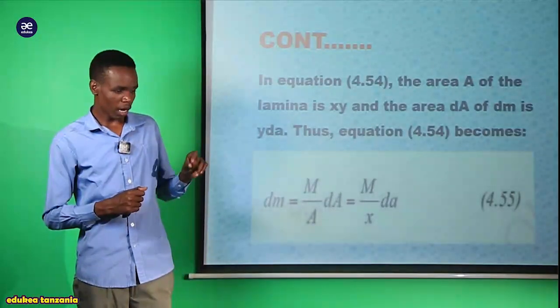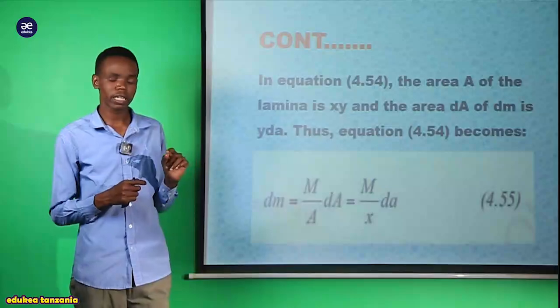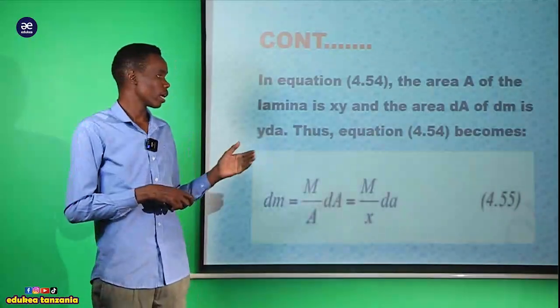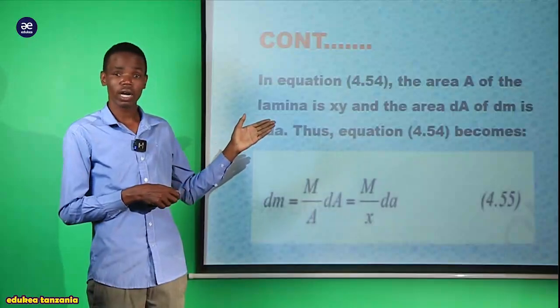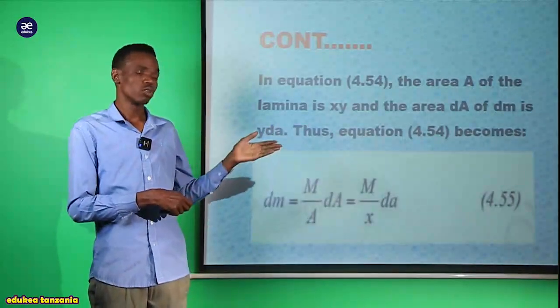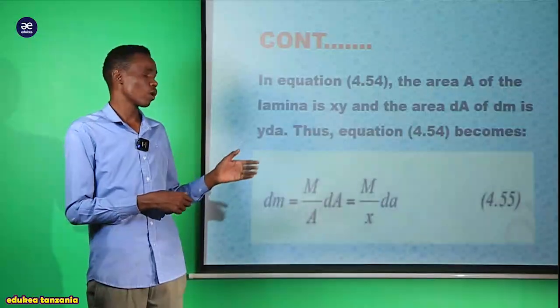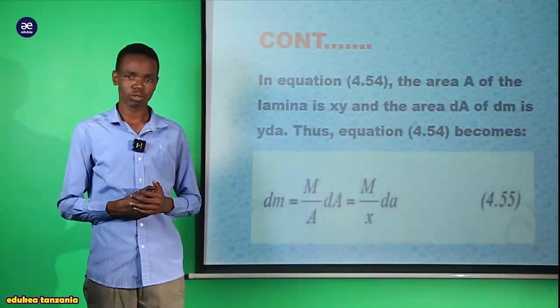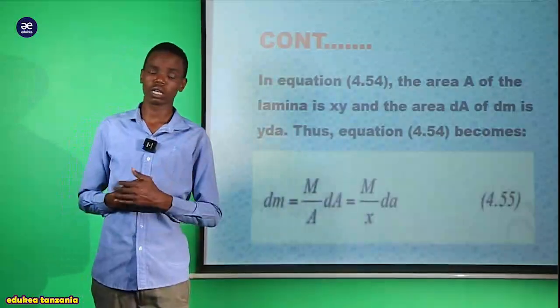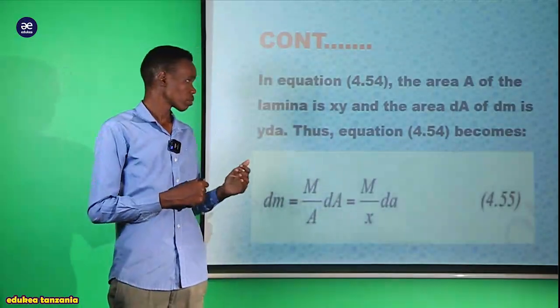The area for the lamina is x times y, which means length times width. The length is x and the width is y, therefore its area is xy.